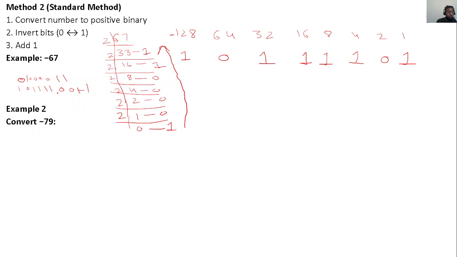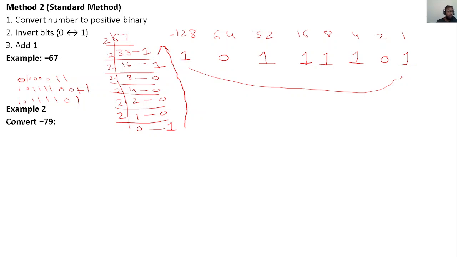If we add 1 to it, this value will become 1 0 1 1 1 1 0 1. So this number will represent our value minus 67. You can observe it from here: this value and this value are also the same.